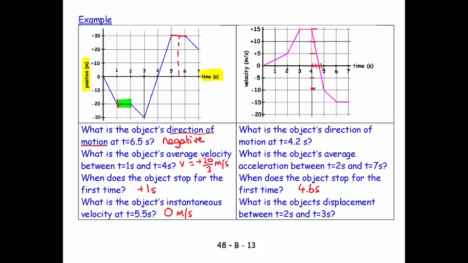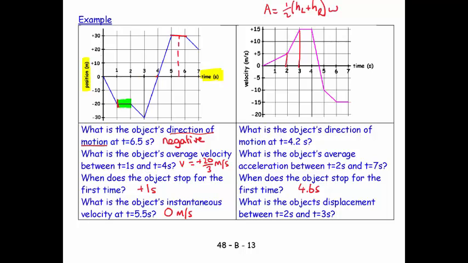And then what is the object's displacement between 2 seconds and 3 seconds? Let's clean up a bit. Between 2 seconds and 3 seconds. So here's 2 and here's 3. And that's a trapezoid. And a trapezoid says that the area is equal to the average height, so that's a half of h left plus h right times the width.